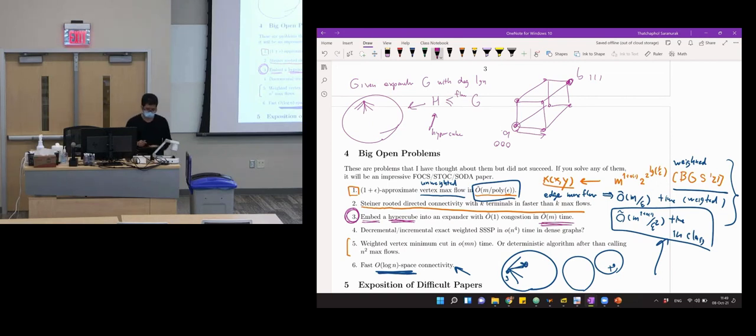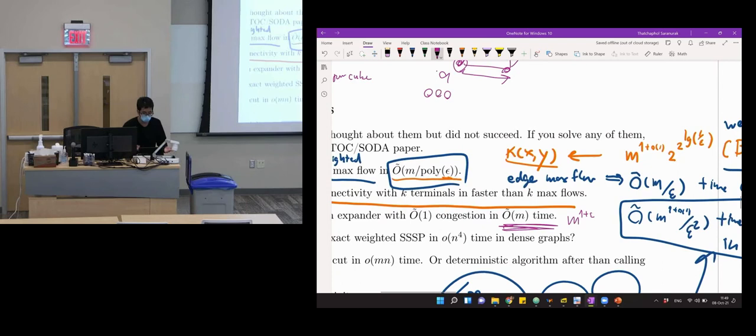And the best known algorithm right now is not nearly linear. It's close to linear, but not quite nearly linear yet.